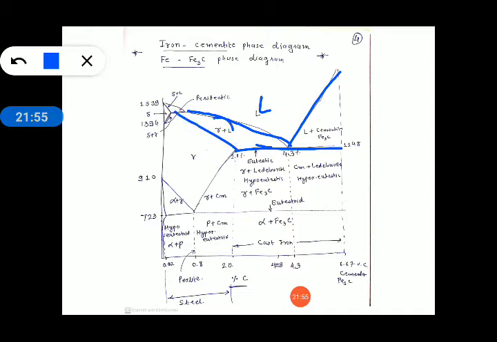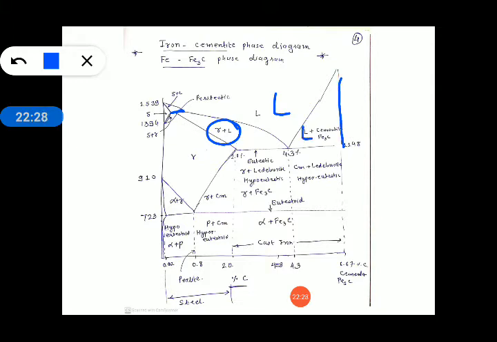This phase is called gamma plus liquid, and this phase is called liquid plus cementite, because cementite is a single phase. Whatever liquid remains from these reactions gives gamma plus liquid, and on this side this is the liquid and this is cementite.